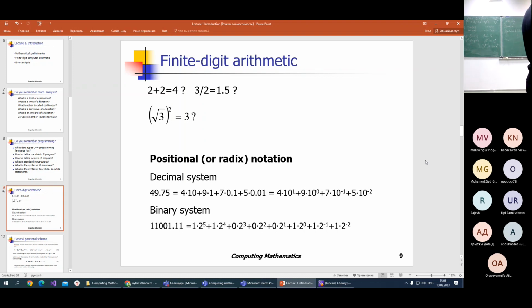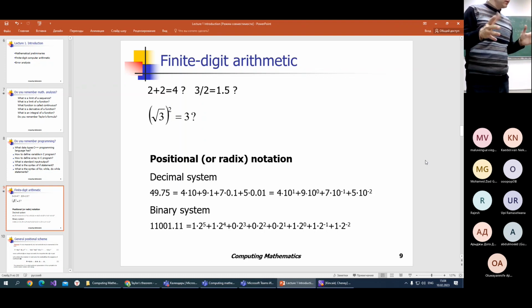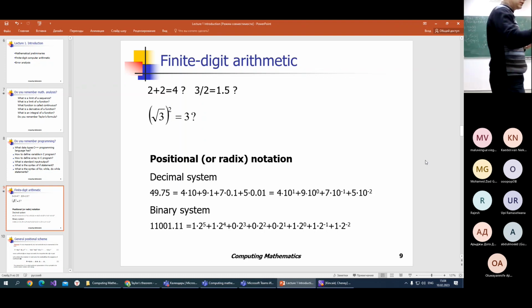The next question is, what is 3 over 2? 3 over 2 is 1.5. And the program, if I implement this division, also outputs the result that 3 over 2 is 1.5. But what is square root of 3?